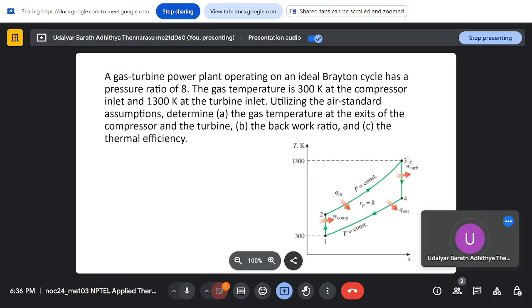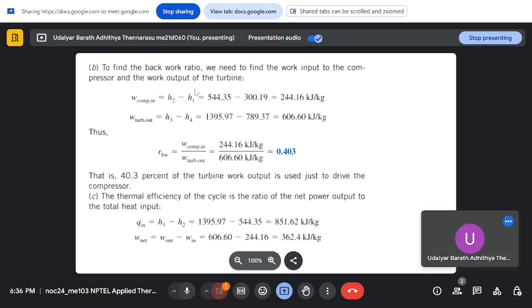From the figure, the compressor is 2 1 and the turbine work is 3 4. The corresponding compressor work is 244.16 kilojoule per kg, and turbine work is 606.6 kilojoule per kg. So the back work ratio is nothing but the ratio of the work utilized in compression divided by the work generated in the turbine, so 0.403.